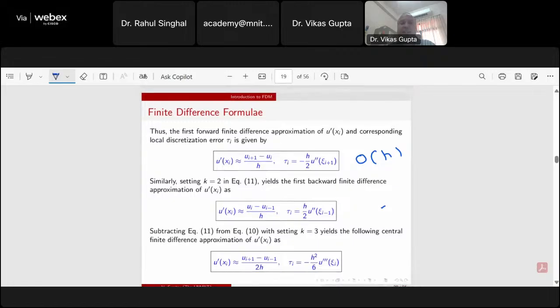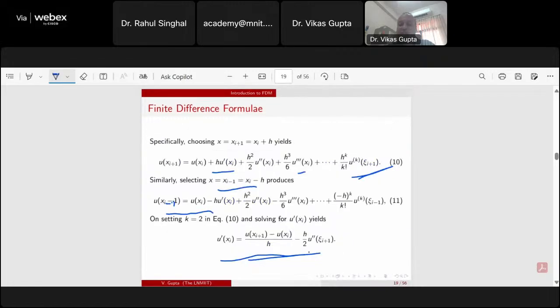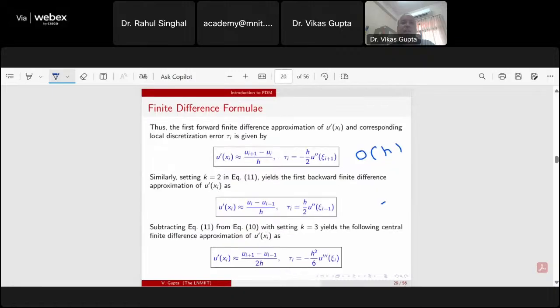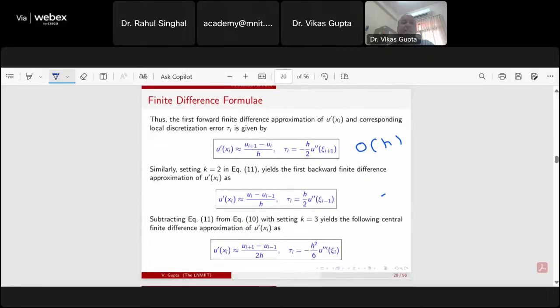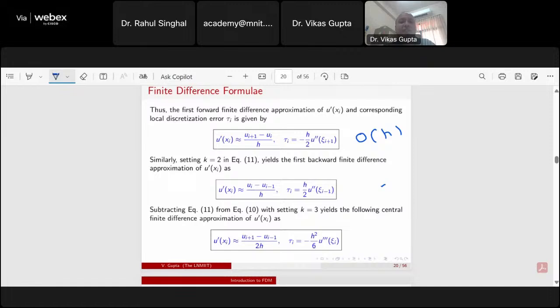Similarly, setting k equal to 2 in equation number 11 and then solving for u prime (xi), we will get this approximation of the first order derivative, which is known as the backward finite difference approximation of u prime (xi). Again, this approximation is first order accurate.